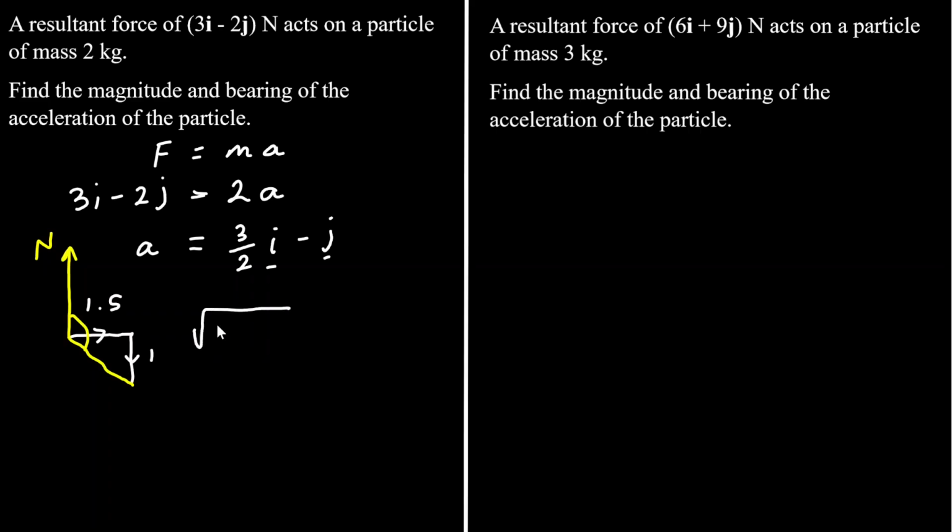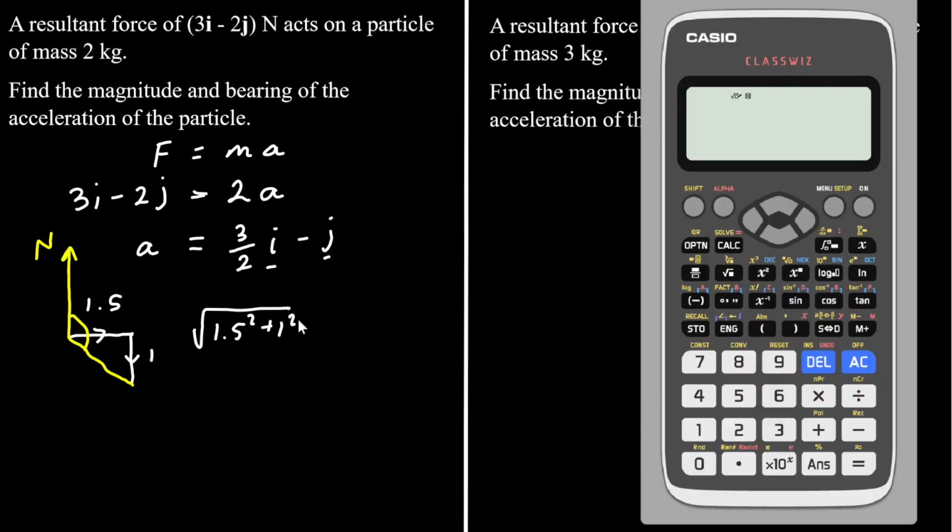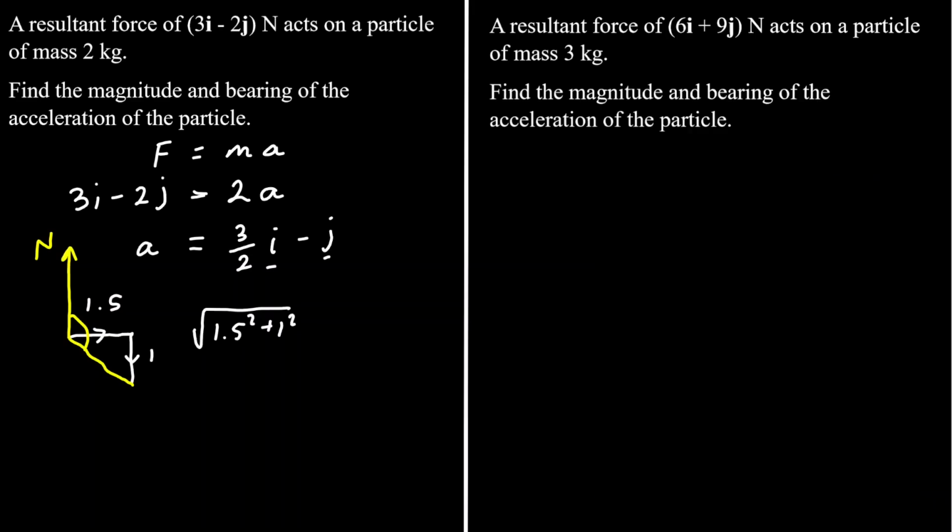The square root of 1.5 squared plus 1 squared is root 13 over 2, or 1.8. Put root 13 over 2. So root 13 over 2 meters per second per second.